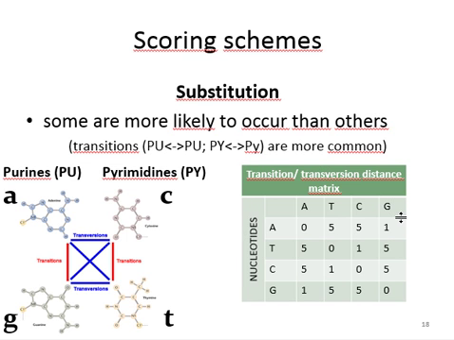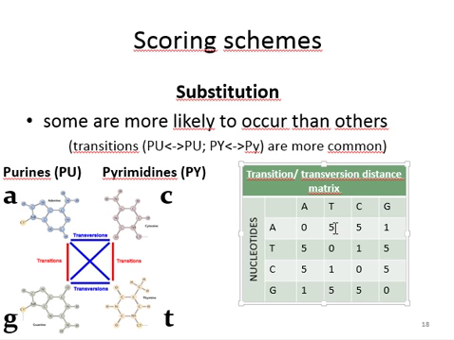If we have a change between a purine and a pyrimidine, like for example an A to a T, you have a weight of 5. So it has a heavier weight and punctuation in this scoring scheme.